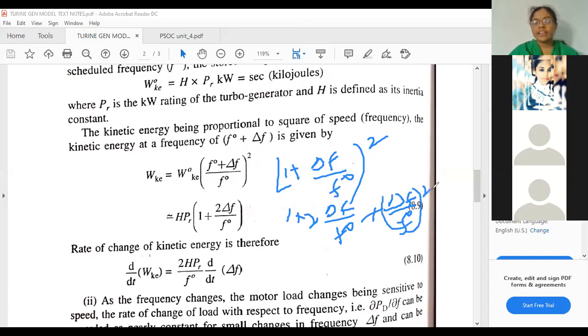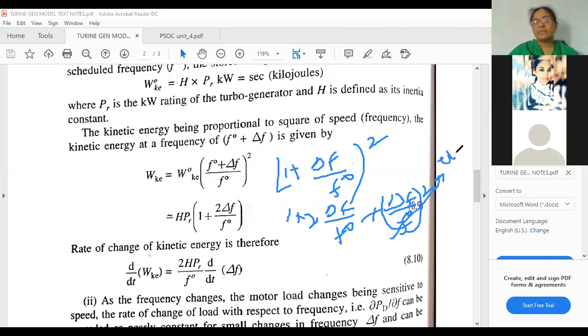When we compare this (delta F by F naught) whole square with these terms, it is negligible, so we can eliminate this. So what will you get here? Only this term remains, that is 1 plus 2 delta F by F naught.